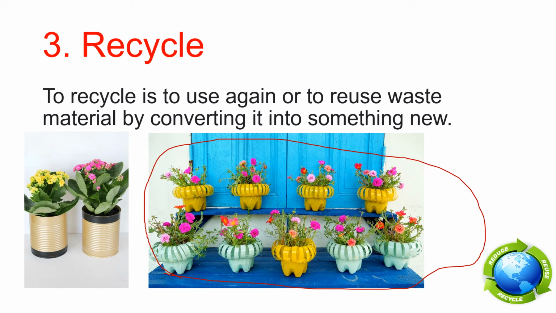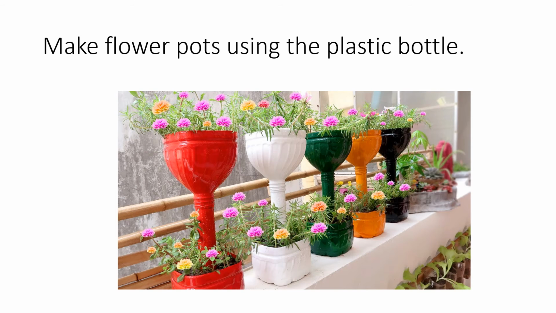These are made from plastic bottles of cola, or oranges, for example. And then cans over here, a flower pot made of cans. So after eating the food, you can make the can into a flower pot, or make a flower pot using a plastic bottle. So see, this is what we call recycle, making something new out of the original one. Okay, so again, recycle means use again.